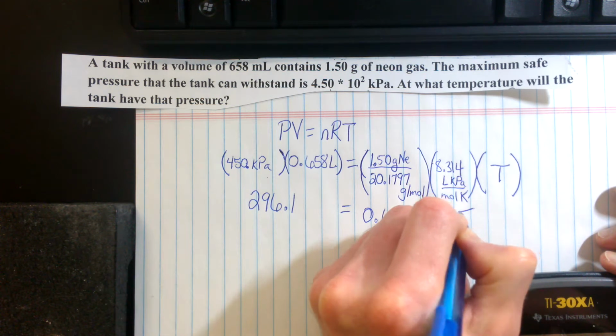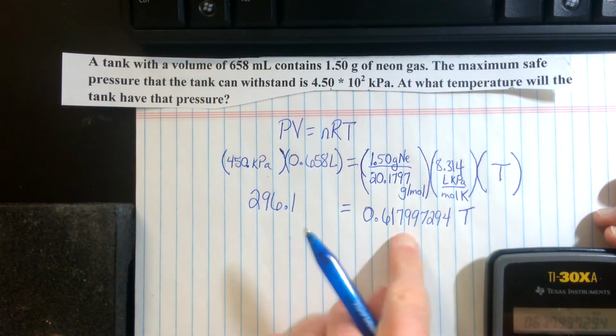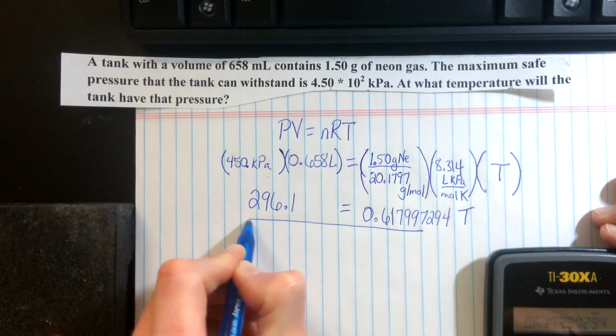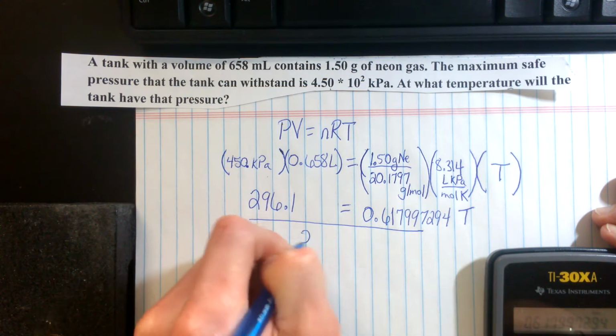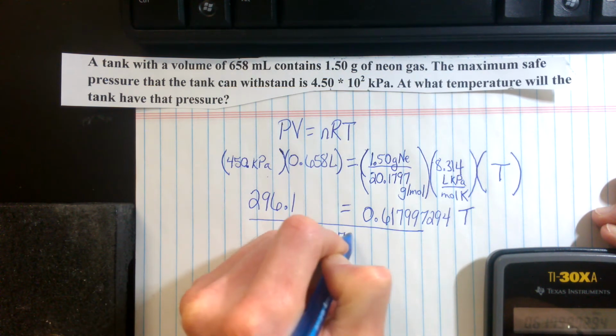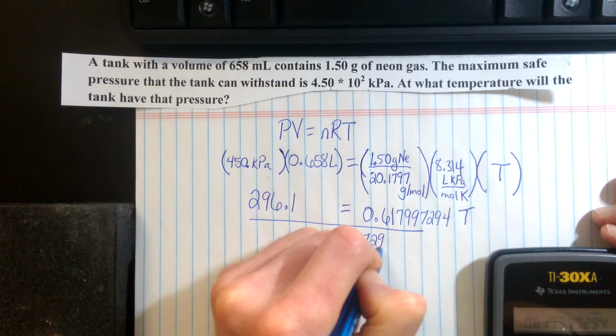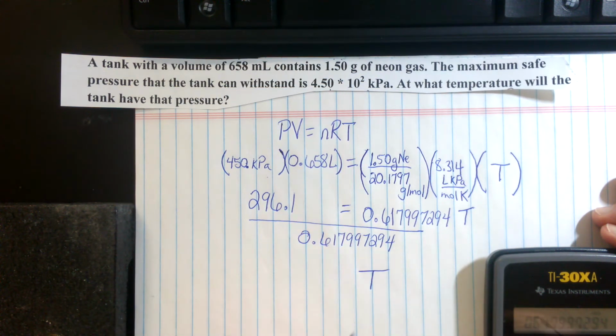And temperature, now we'll divide both sides by this quantity here, the 0.617997294, to isolate the temperature.